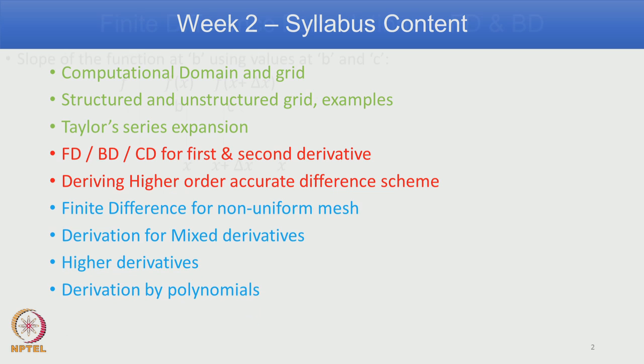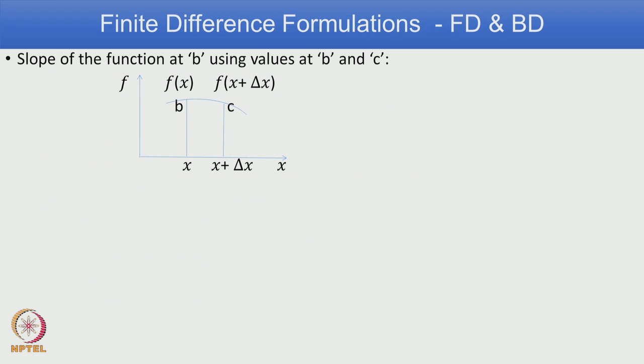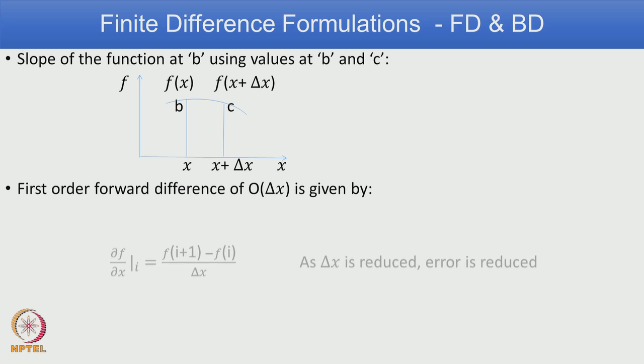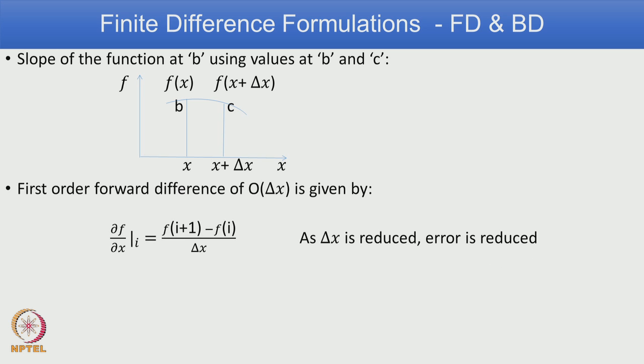So, towards the end of the last class we derived the forward difference scheme from Taylor series expansion, and by using I notation we wrote the expression for the first derivative as dou f by dou x at I equals f of I plus 1 minus f of I by delta x.